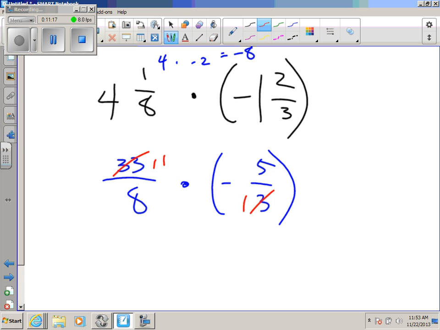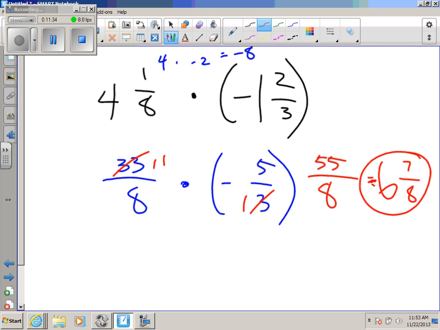There's 1 there and 11. 55 over 8. 8 into 55, 6 times is 48. 7 left, and that's a negative because it's a positive times negative. Is that close enough to -8 where I probably shouldn't have to look too hard at it again? Yeah, I think so.